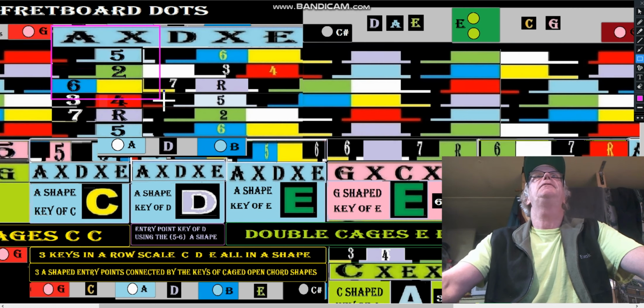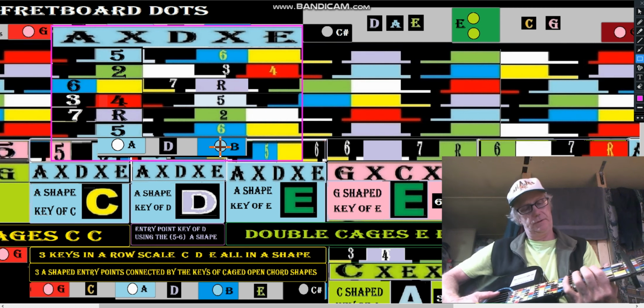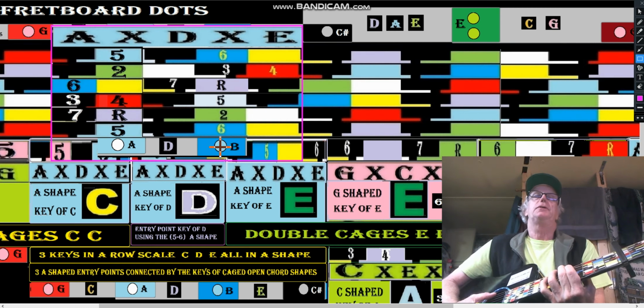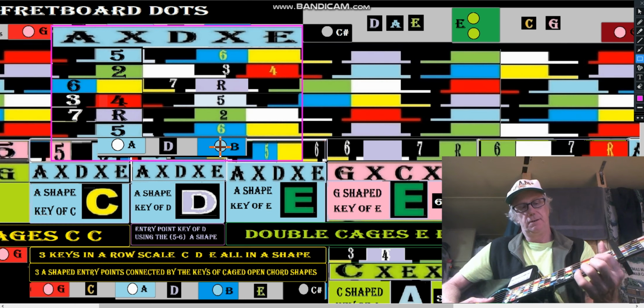This is the key of D. So all that between the A and the B dot, you can do the tri-pentatonic D. Remember, D down here, reference D, open D.